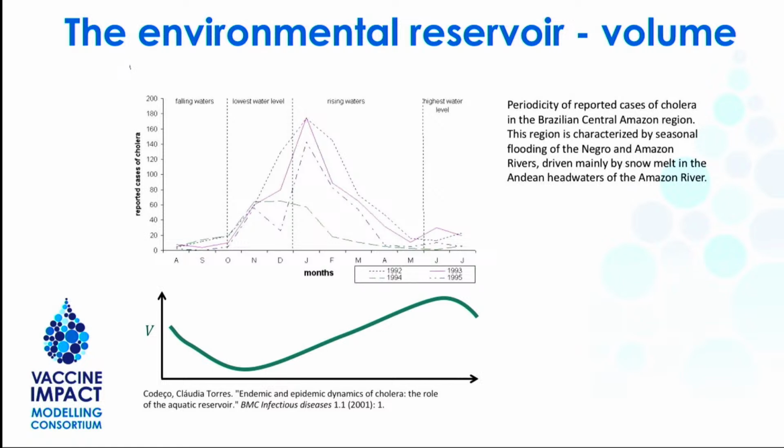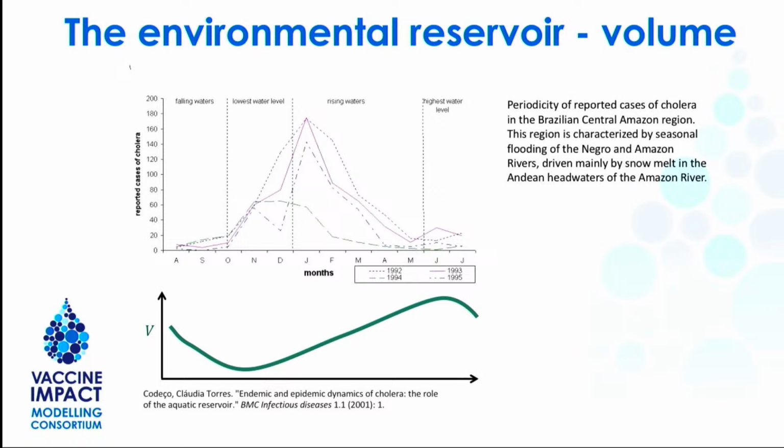And then we can see that that corresponds to an increase in the number of reported cholera cases until waters start to rise again, and this is already declining in the number of reported cases until we reach our highest water level here. Okay. So we've got seasonality in the volume of the environmental reservoir, and that seems to have some relationship with our reported cholera cases.